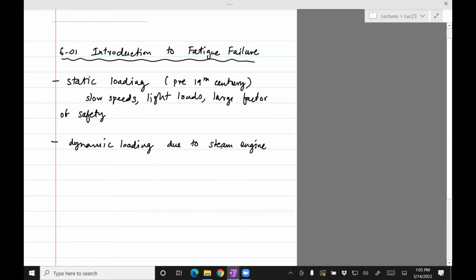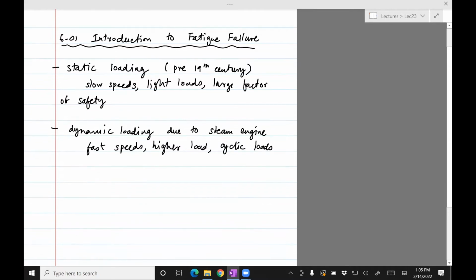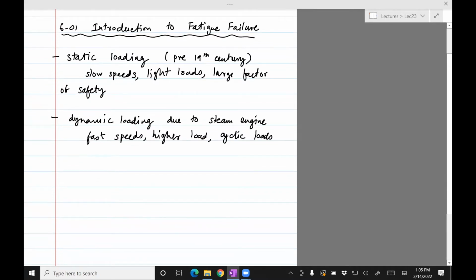So once you have an engine and you have something doing work for you, you are typically looking at fast speeds, higher load, and of course, cyclic loads. Once we have high-powered machinery, we have all these things, and we need to worry about dynamic loading.